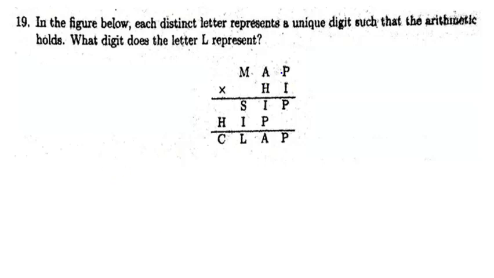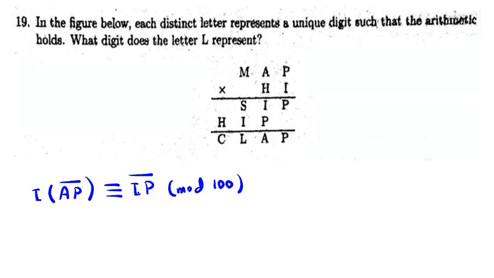Look, I times AP, if we consider a 2-digit number, we write this as IP, but maybe we have carries, so you say it's mod 100. Mod 100 equals the number IP.